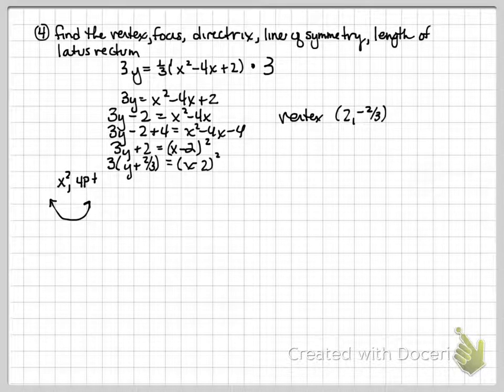Now to get my directrix and everything else, well, let's do the focus first. Since my parabola opens up, that means my directrix and my focus are opposites of each other. Let me draw our axes in, and let's just start sketching it, and that's going to actually help me out a little bit, I think.